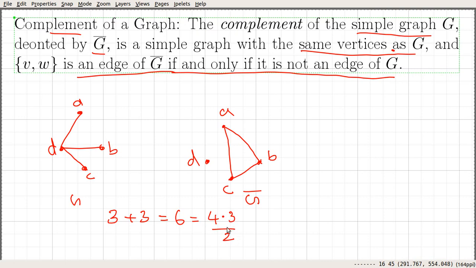This is the total number of edges in a complete graph on 4 vertices. So it means G bar, or G complement, is defined with respect to the complete graph. In order to get the complement of a graph G, one could take the complete graph on that many vertices and delete all the edges in the original graph. The graph obtained after that corresponds to the complement of that graph. So remember this particular thing.